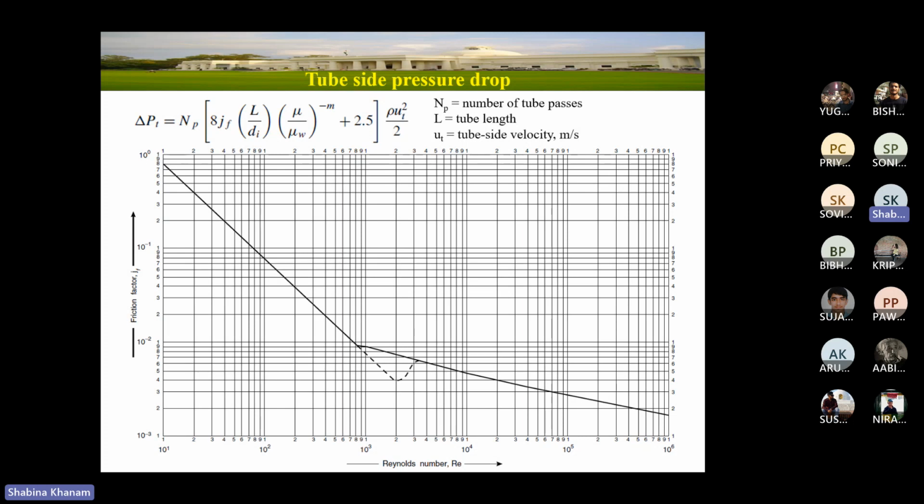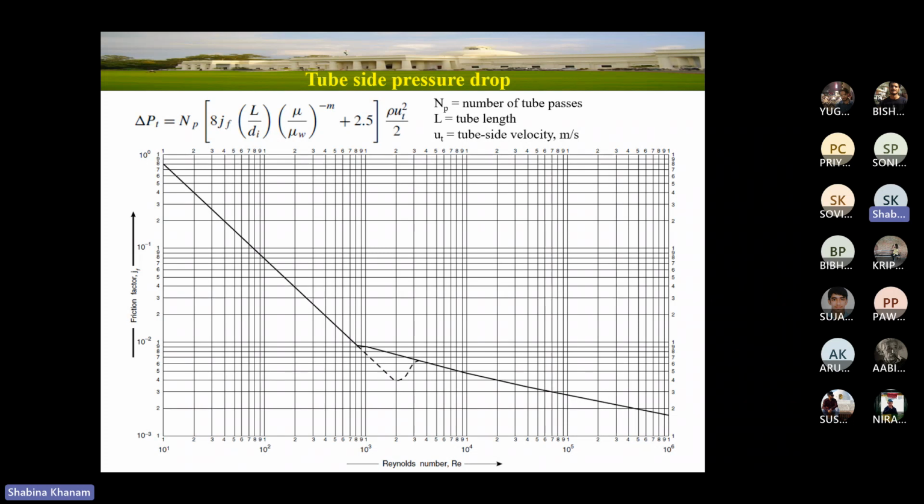So 2 contractions means 0.5 into 2, which is 1. For expansion I am considering the loss as 1, so 2 will come from there, and the bend is 1 only, so 1.5. If you add these, 1 plus 2 plus 1.5, that would be 4.5 velocity heads because of the friction loss. So that would be for 1-2 pass.